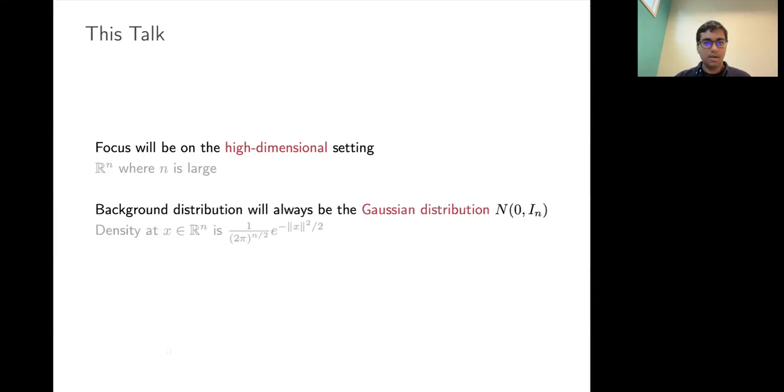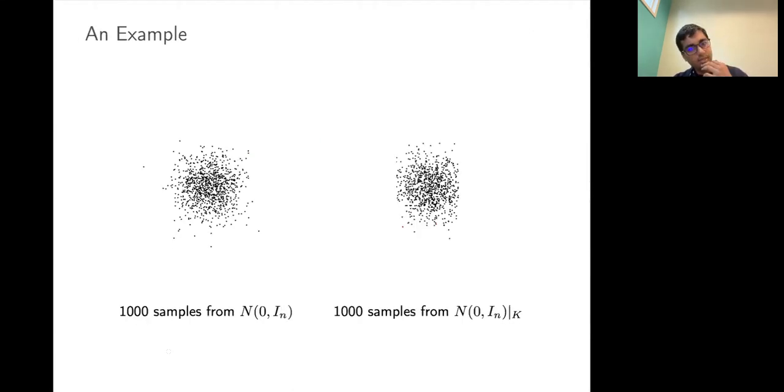Just to make sense of the title, let me give you an example of what I mean by a truncated distribution. On the left is a draw of 1,000 samples from the two-dimensional standard Gaussian distribution. And on the right is a draw of 1,000 samples from a truncated Gaussian.